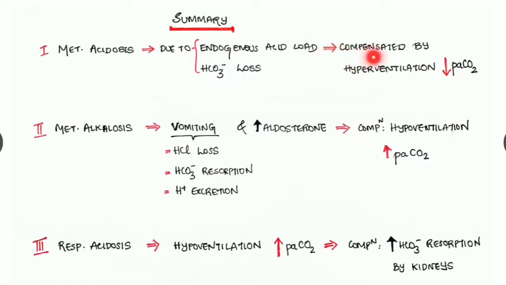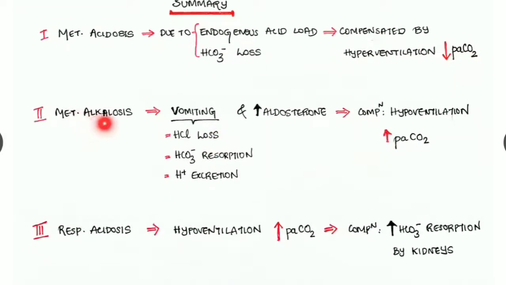What is the compensatory mechanism? By hyperventilation. By increased ventilation, it washes out the carbon dioxide concentration in the blood, decreasing the partial pressure of carbon dioxide, and thus increasing the alkaline nature in the blood, decreasing the acidity. And that is the compensatory mechanism by the respiratory system.